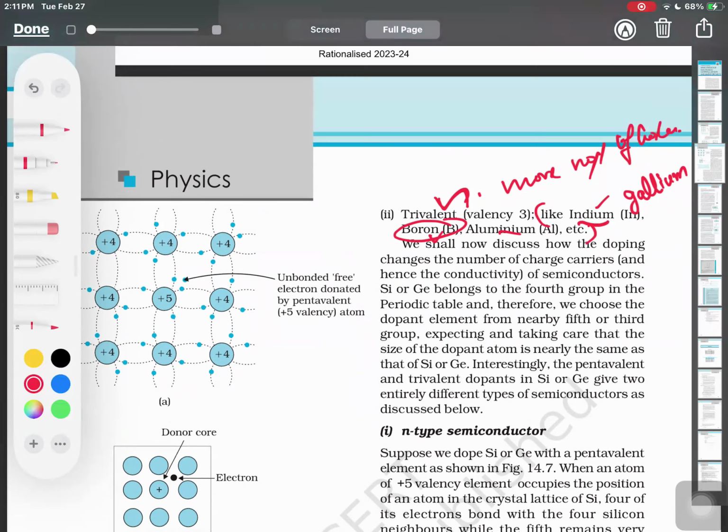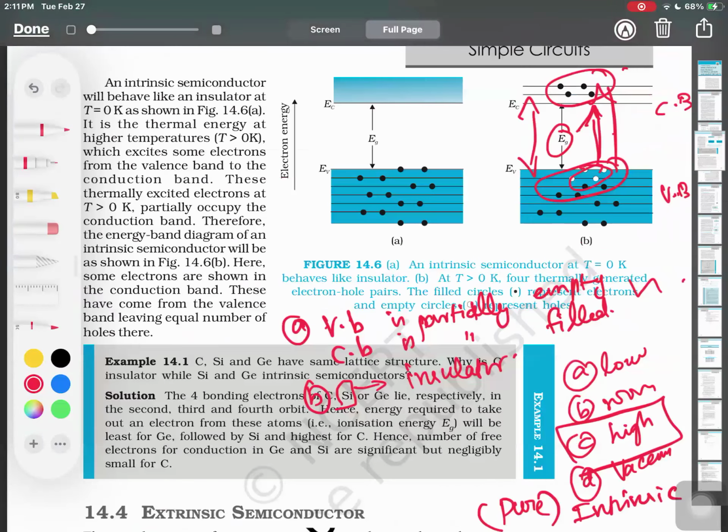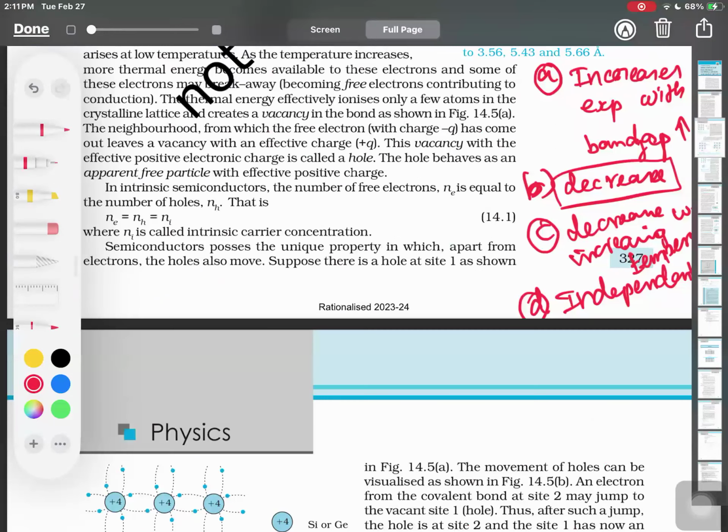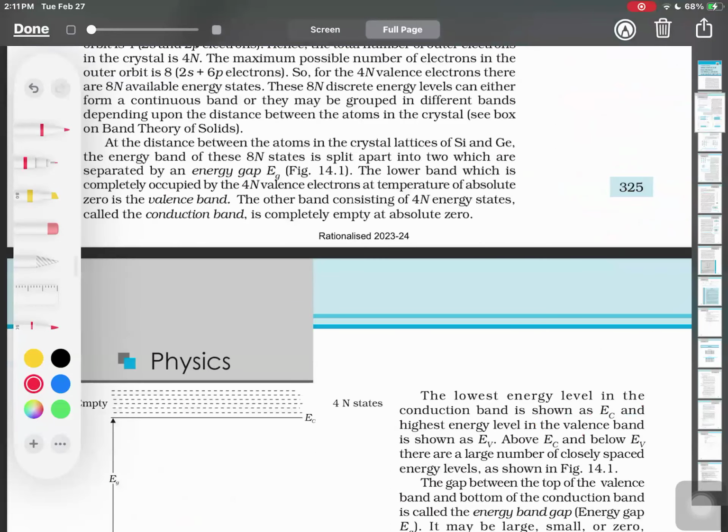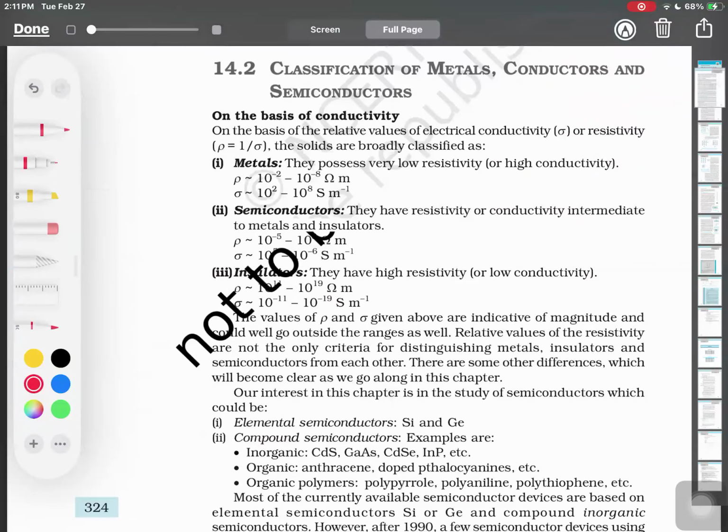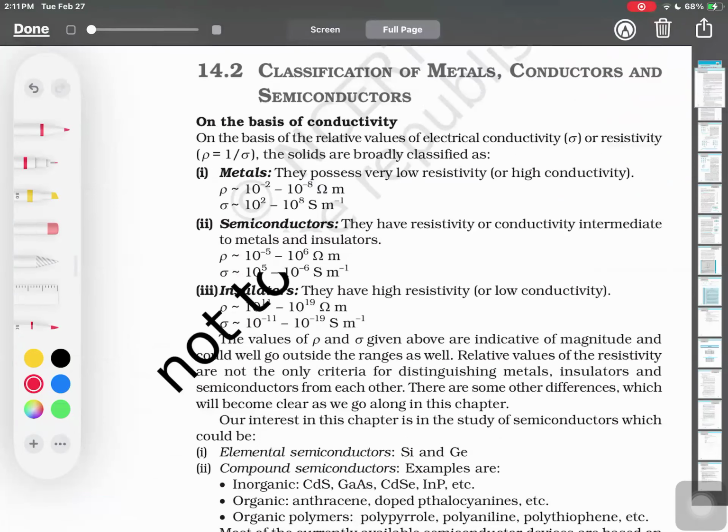Then how can you classify metals, non-metals, insulators and semiconductors? The energy band gap. Suppose the energy band gap is maximum in which of the following? Metals, superconductors, insulators, semiconductors.